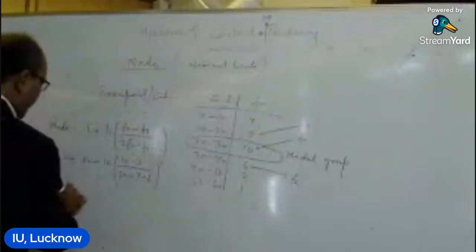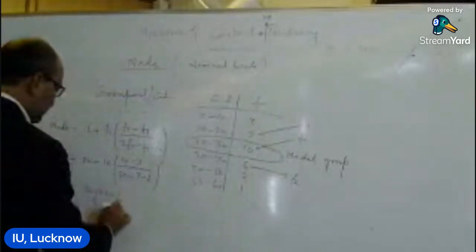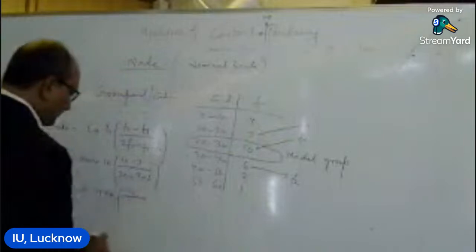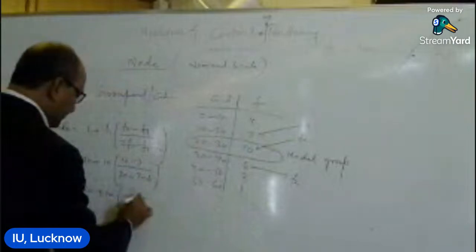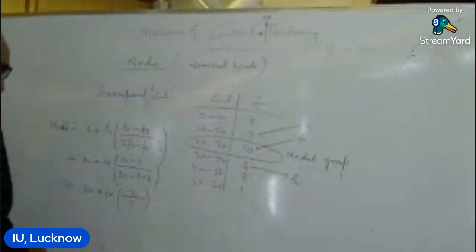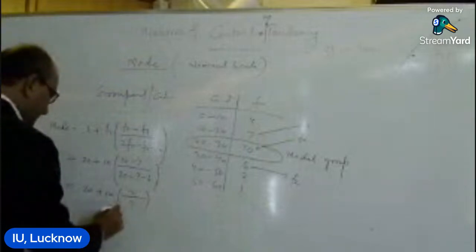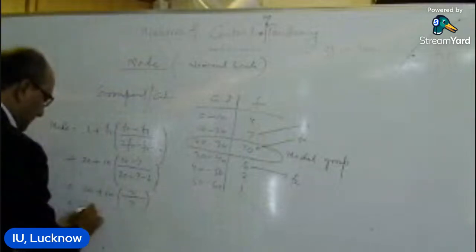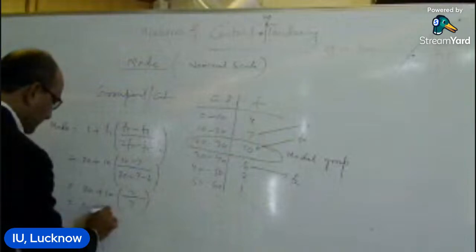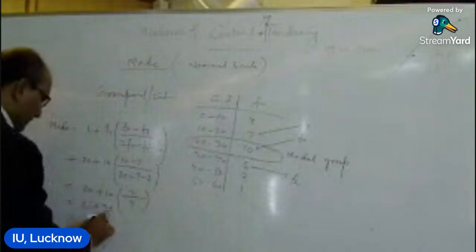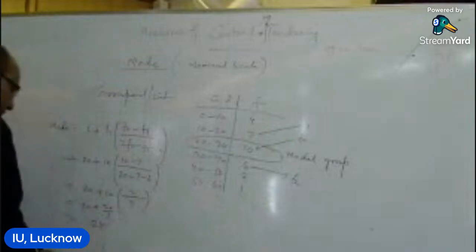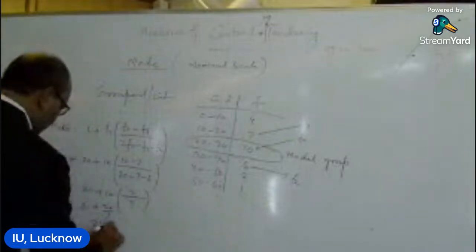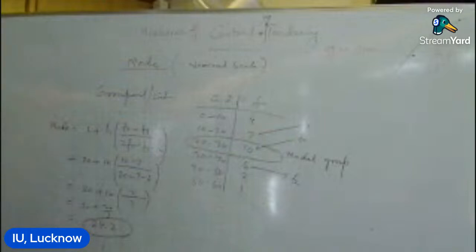This is 3 by 7, so it will be 20 plus 30 by 7, which is about 24.2. So the mode will be 24 point something.